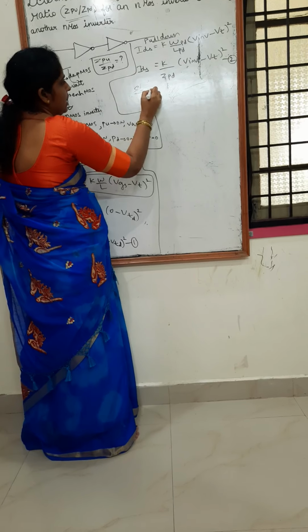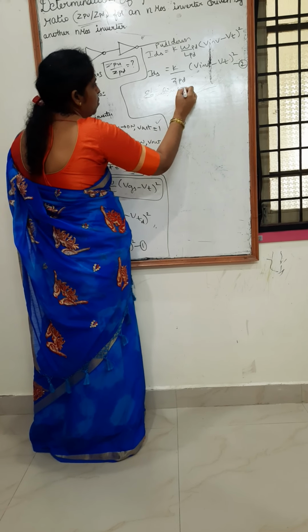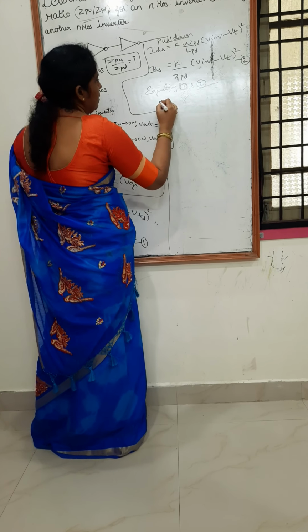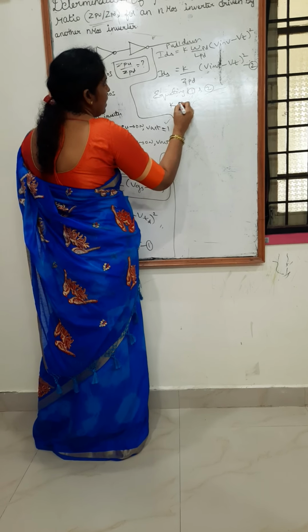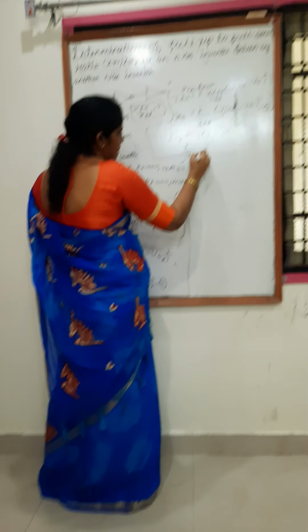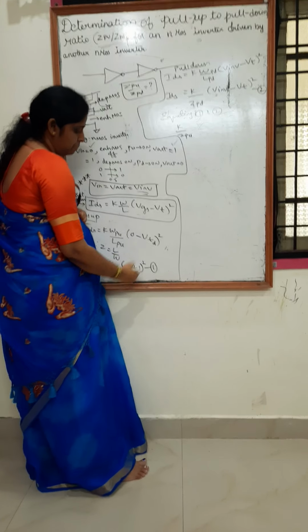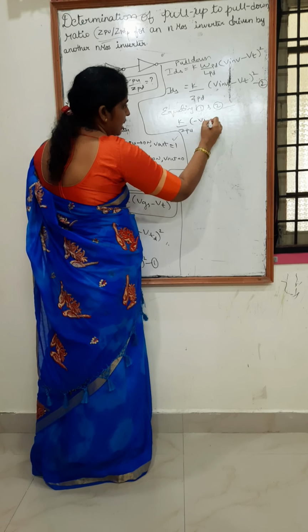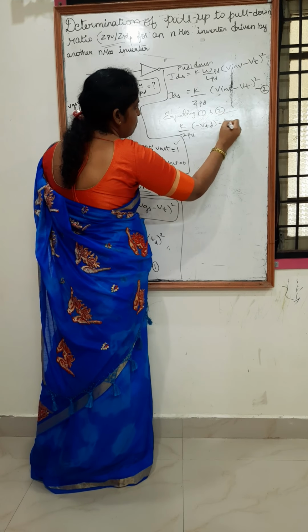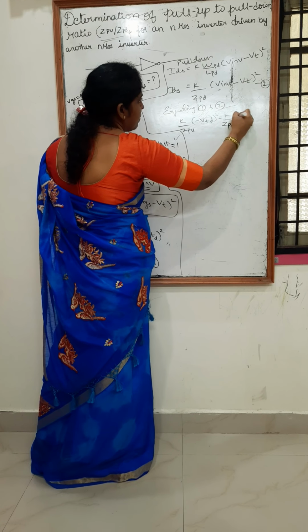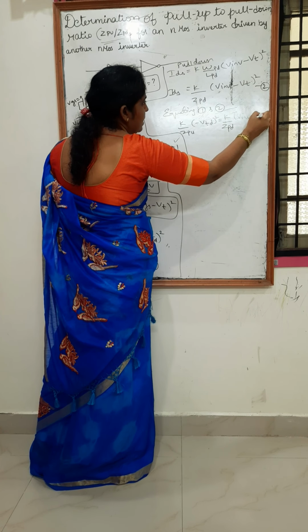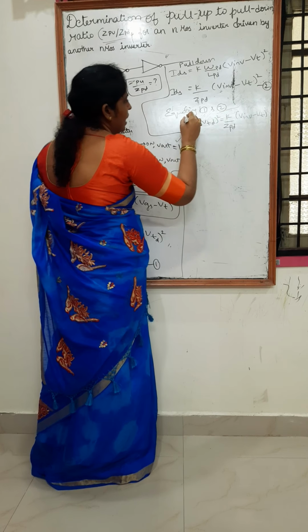So equating 1 and 2, we will have k by ZPU into minus VTD whole square is equal to k by ZPD into V inverse minus VT whole square. So k gets cancelled.